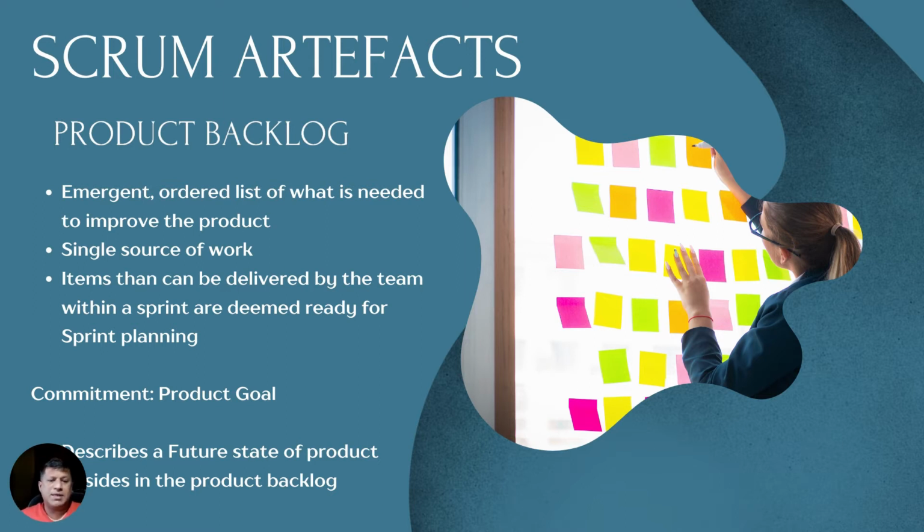We can always understand the goal, or the final or future state of that product, based on the product goal defined for that particular product backlog for a certain period of time, whatever duration the product goal is planned for, correct? And the product goal is part of your product backlog. So that is the first artifact, which is called the product backlog.